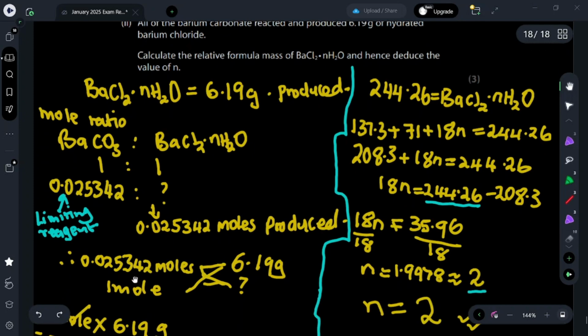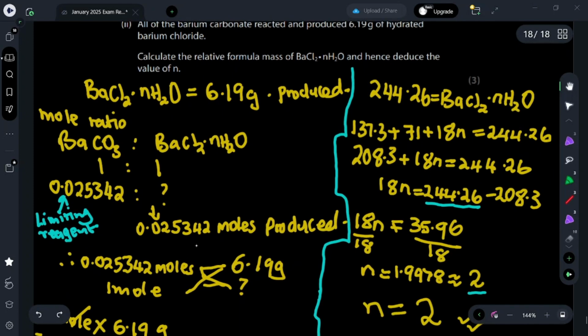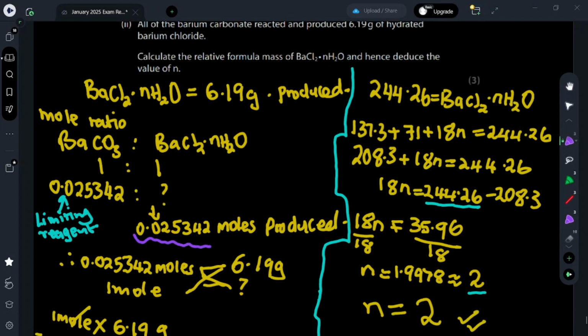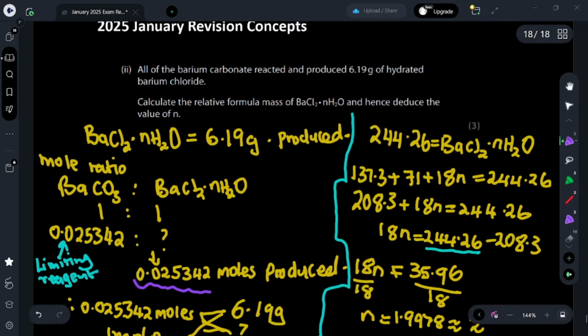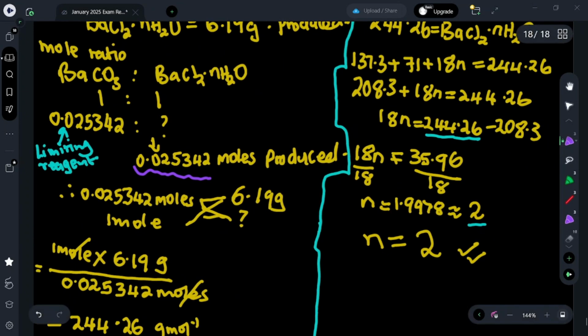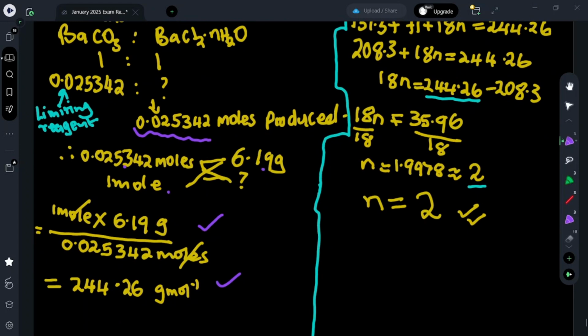Once we know the moles of barium chloride we are producing, and the mass that we have been given, we can work out the mass of 1 mole. To get the molar mass, we get 244.26.